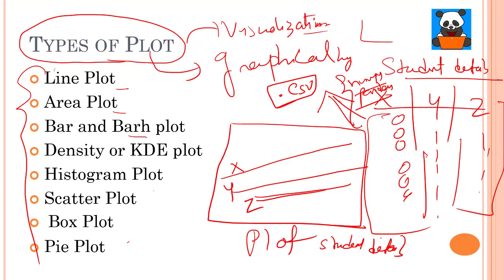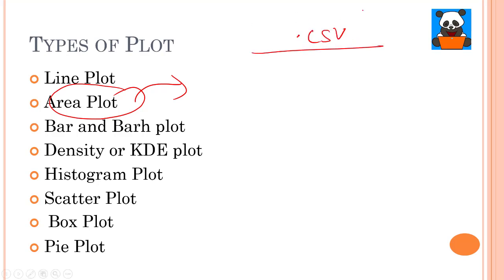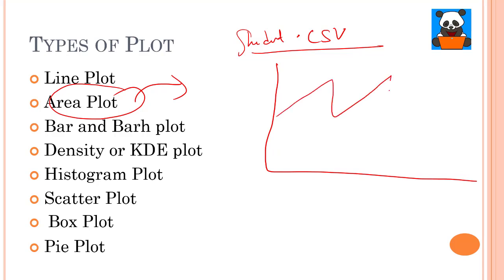Let's move to the area plot. With an area plot, we can create a series of plots of areas. You have to take a database, a .csv or any file. I'm taking a student details .csv. When you plot this, you can do area-wise plotting.